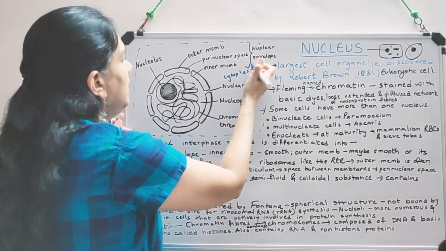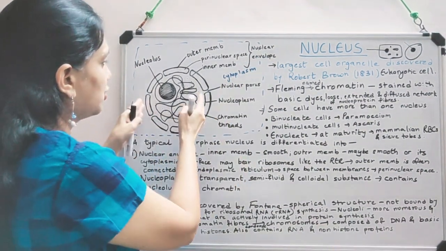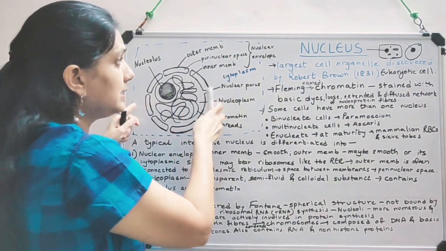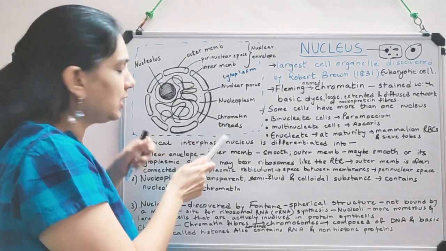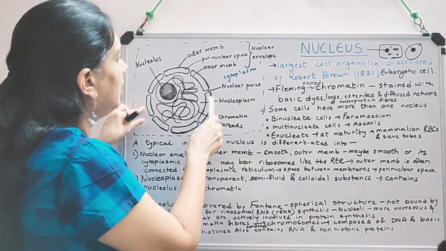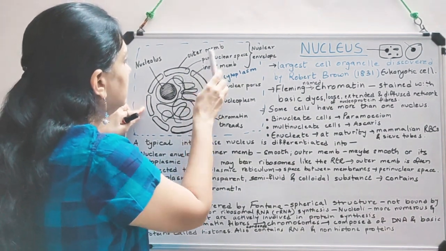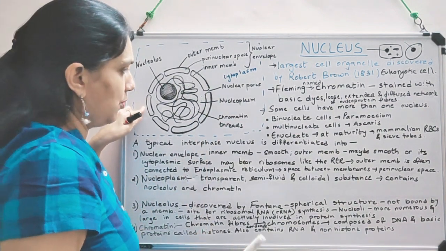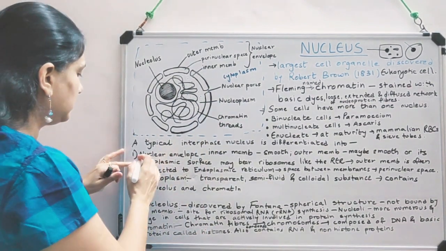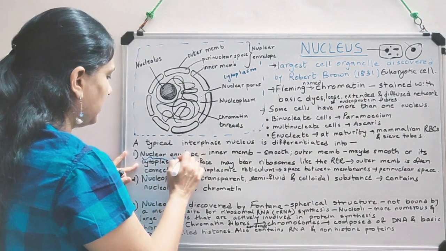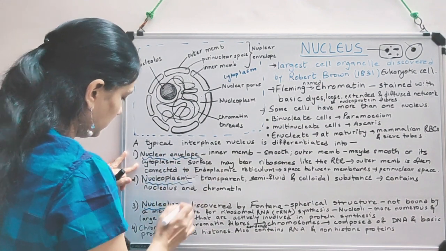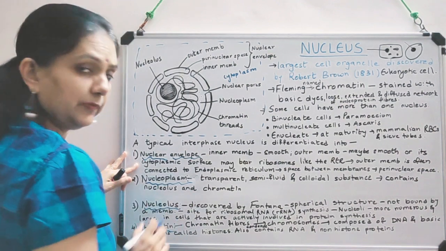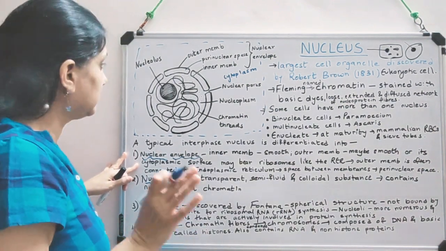Now this is the structure, that is nucleus inside the cell, like this. Now when you see it in a sectional view, it has basically four components. The four components are the nuclear envelope, nucleoplasm, nucleolus, and chromatin fibers or chromatin threads.